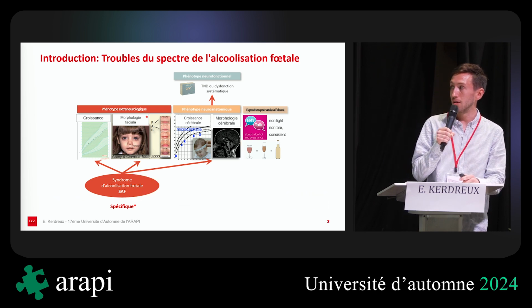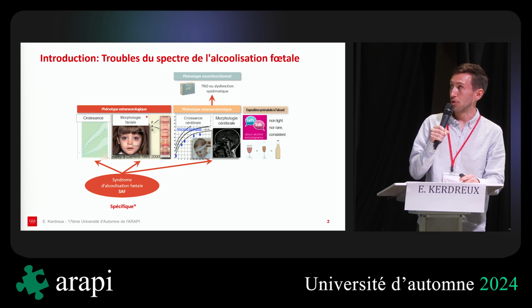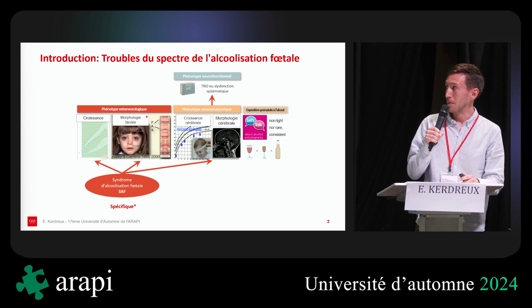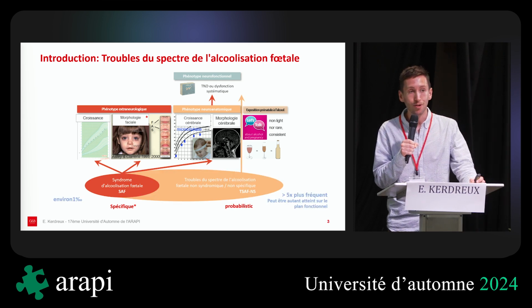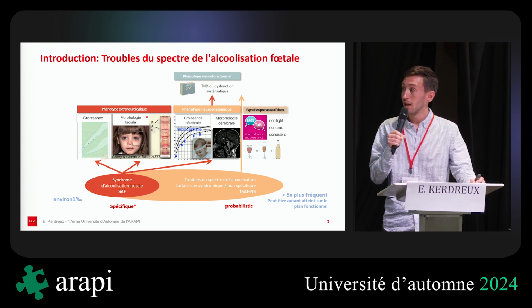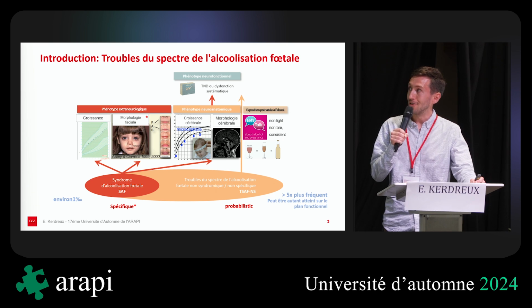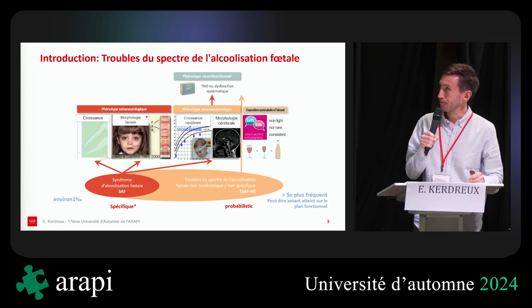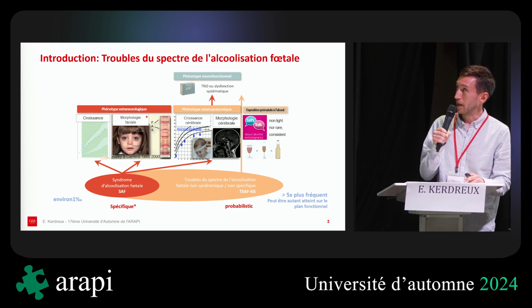So the diagnosis is easy to make because you have the characteristics that are present, but for the majority of these children, the characteristics are not present or not complete. So you need to look for other markers that are not immediately visible.